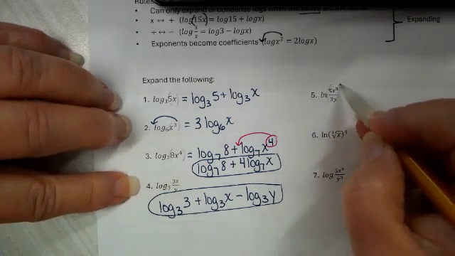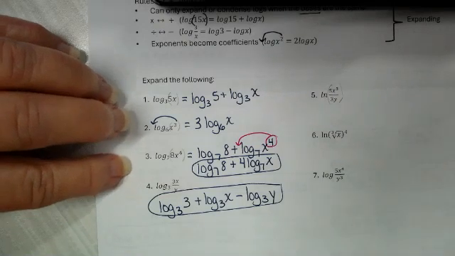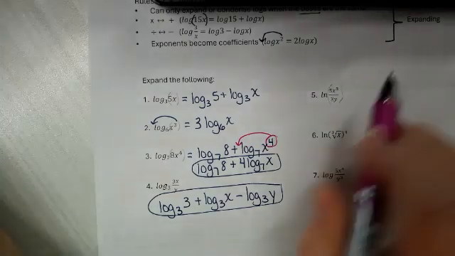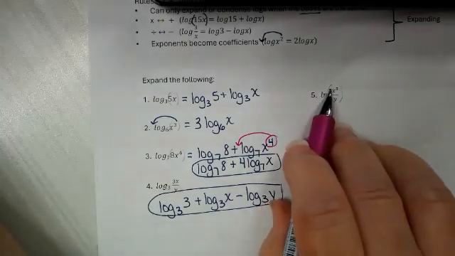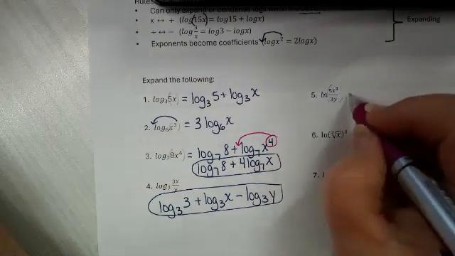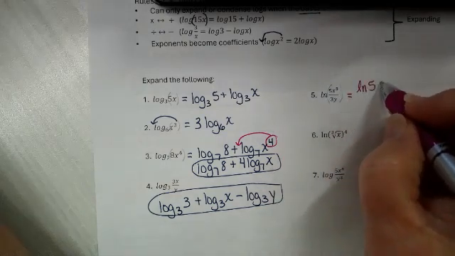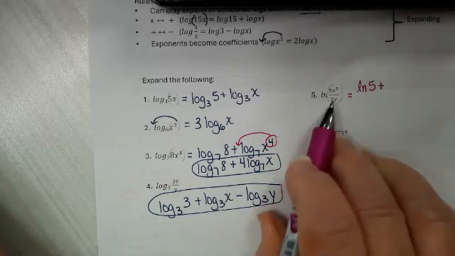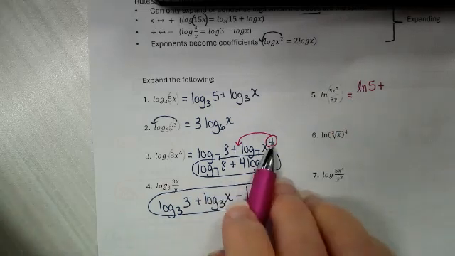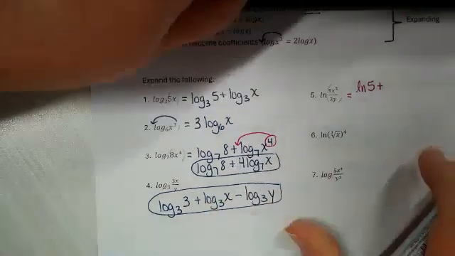All right. Now this one says natural log, but everything else about it is the same that we've been doing. So on my numerator, I've got 5 times x to the 3rd. So I'm going to say natural log 5 plus, remember, just like in number 3, the exponent is going to become the coefficient.